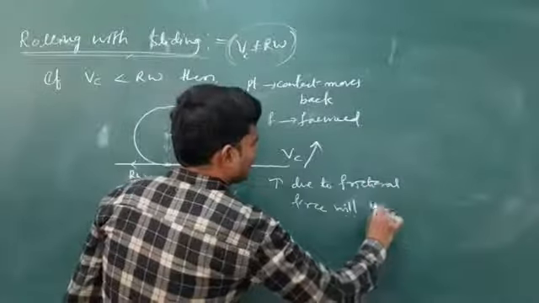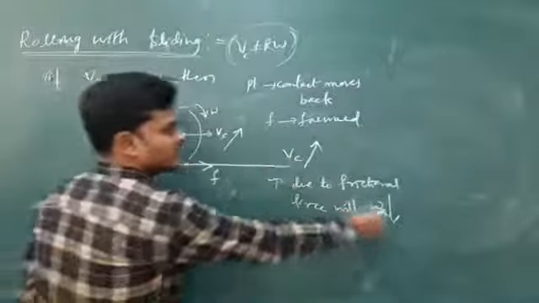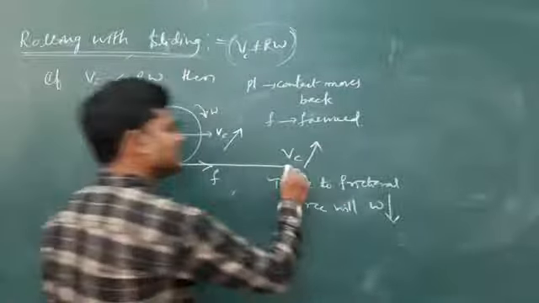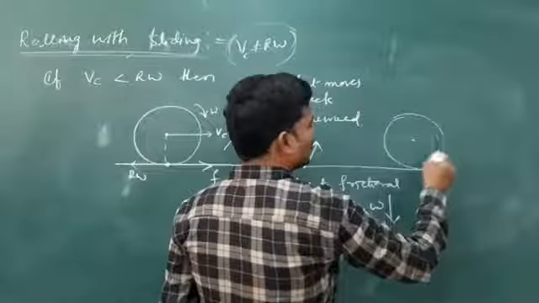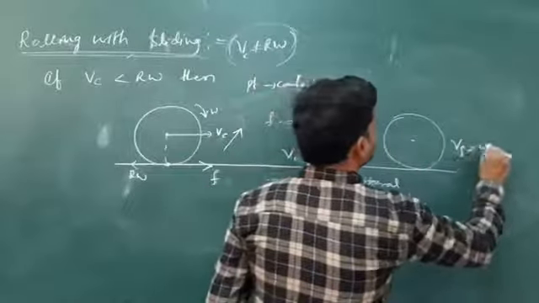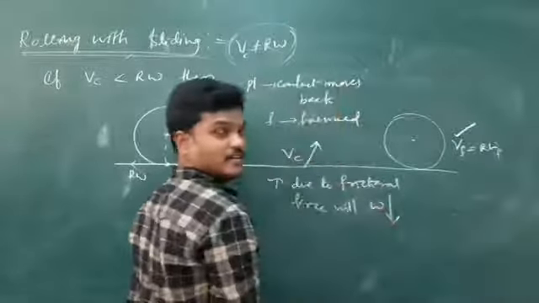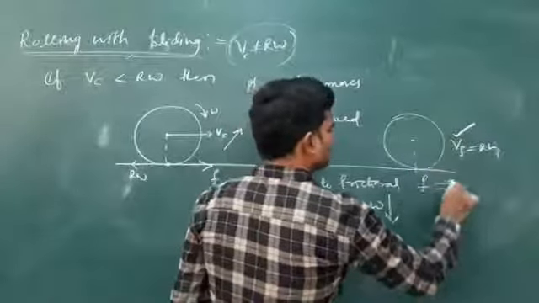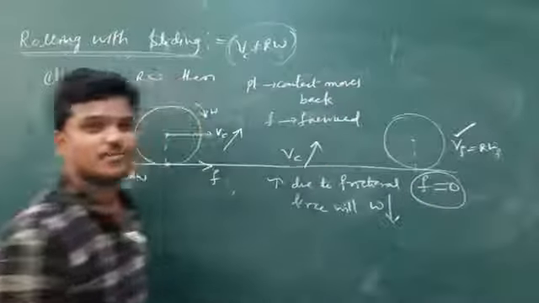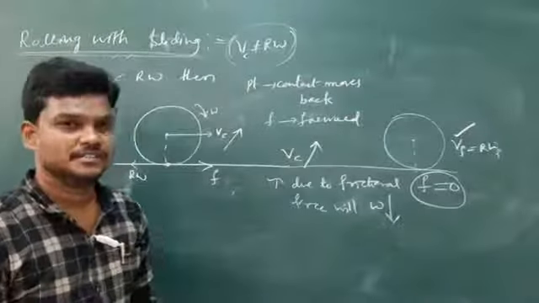These are important points. One increases, the other decreases. After some time, the body is again set for pure rolling, so Vf is equal to r omega f is satisfied. Whenever the body is set for pure rolling, the frictional force is zero, because there is no applied force.